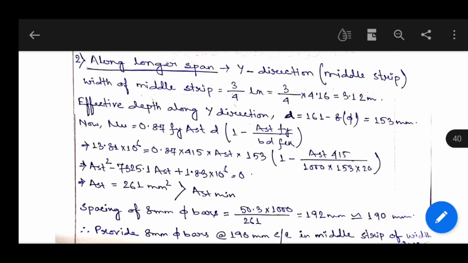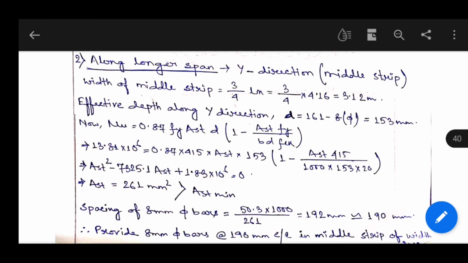So just put the values. Mu is 13.81 into 10 to the power 6, that is equal to 0.87 into 415 into Ast into 153, within bracket 1 minus Ast into 415 over 1000 into 153 into 20.